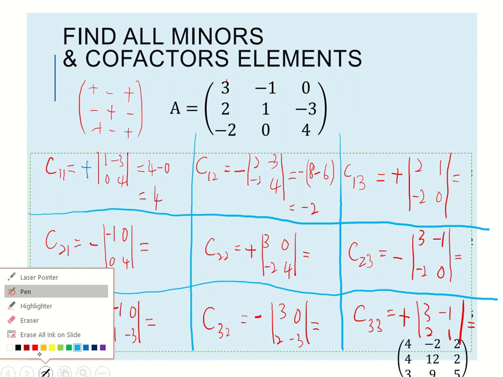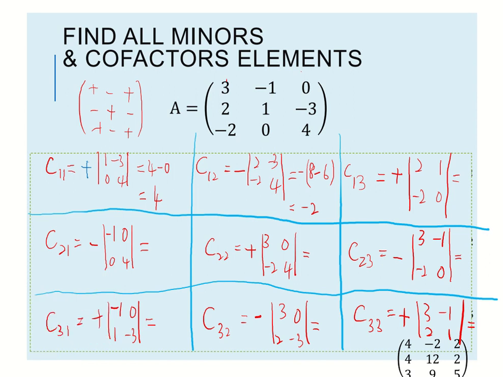Let's come back to this one. Here we have 0 minus negative 2, so we get 2 here. Then for this one, we have a negative: negative 4 minus 0, we get 4.